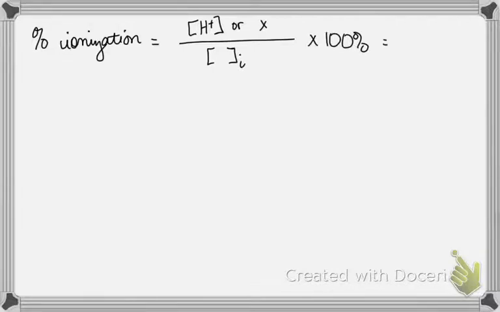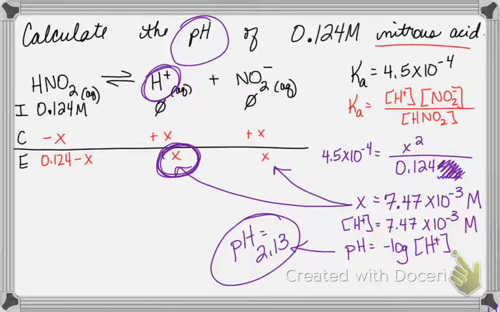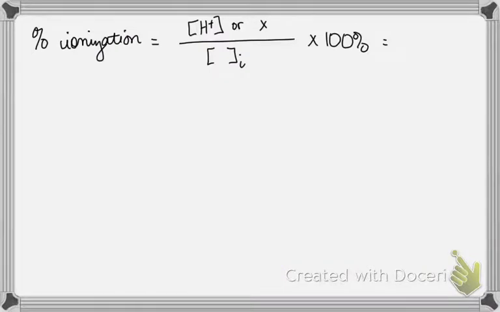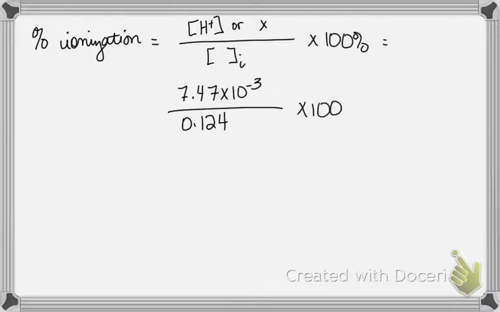So in other words, the percent ionization, for the one we just did, the hydrogen ion concentration is 7.47 times 10 to the minus 3. The initial concentration of our acid was 0.124 times 100%. We're going to calculate that. And so the percent ionization for this one, it's 6% ionized.